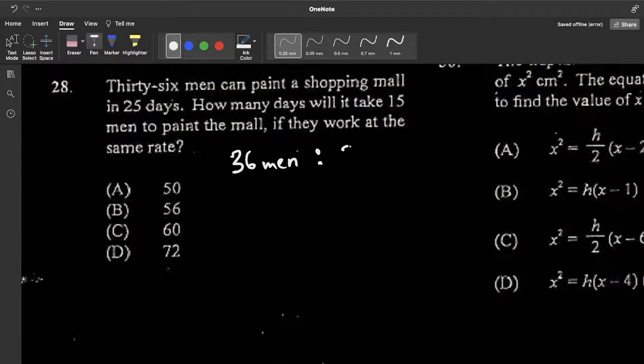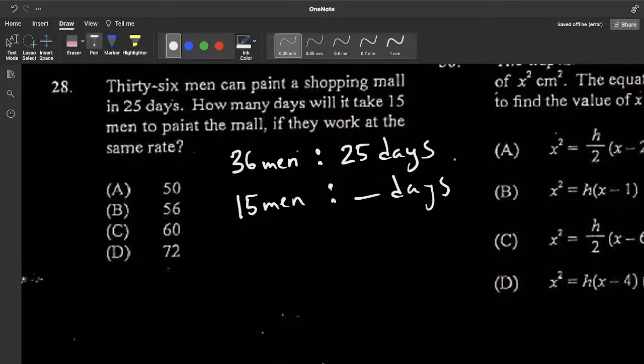And we also have a question asking what 15 men would be able to do: how many days will it take 15 men? So we have 15 men here, and how many days would they take?